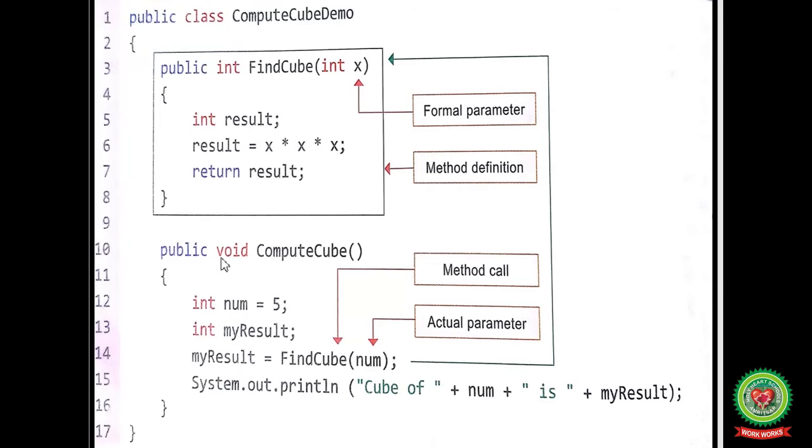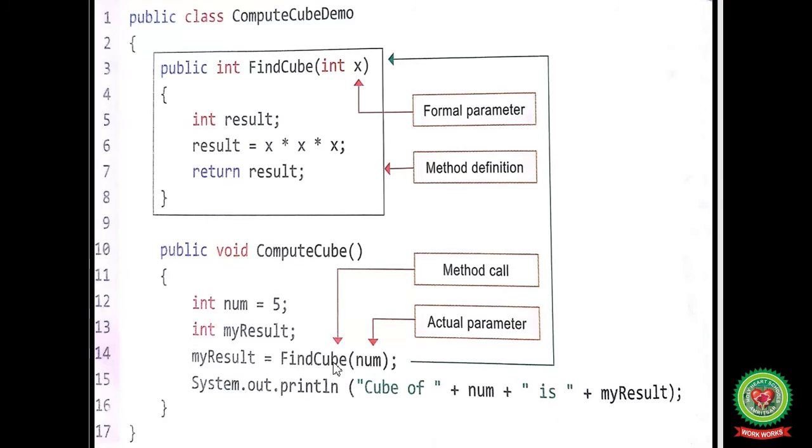Now again I have created a second function, that is computeCube. Void is also the return type of the function. int num = 5 and int myResult are two variables. myResult = findCube(num).